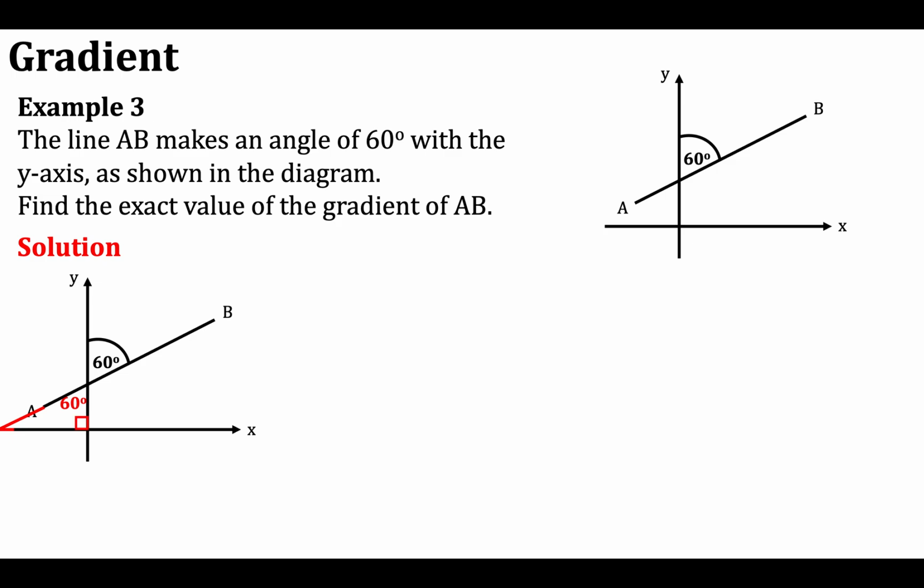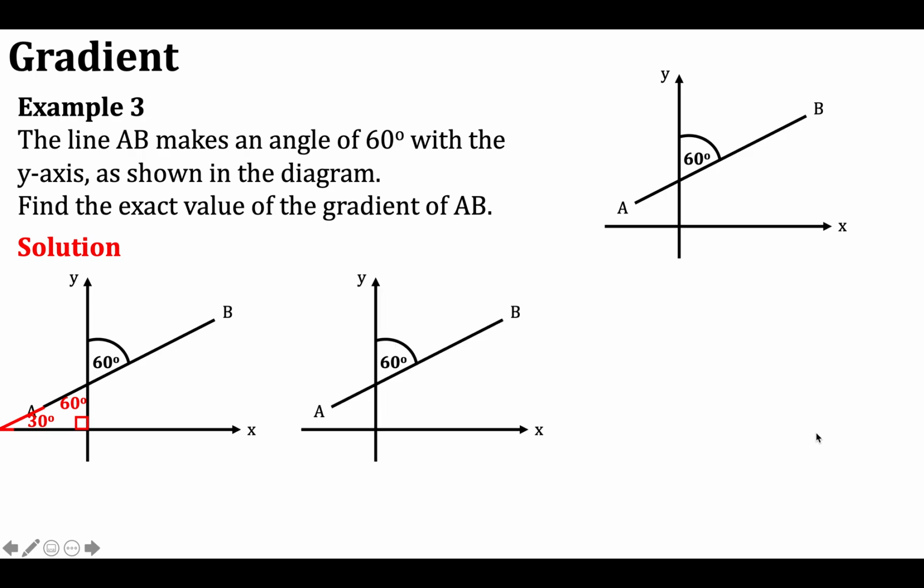I've got my right angle there between my x and y axes. So given that the angles in a triangle add up to 180 degrees, this angle here must be 30. And that now is the angle that the line makes with the positive direction of the x-axis, because this is positive direction here. So I can see that the angle I'm looking for is 30.